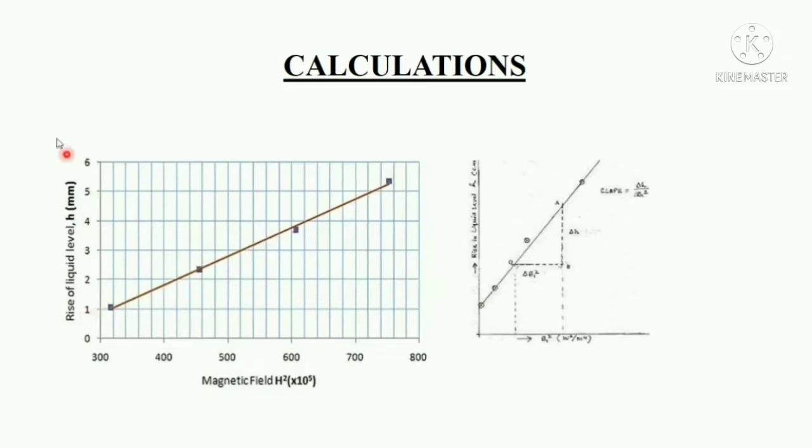This is the type of graph we will get when we plot the magnetic field square versus rise in liquid. This is the graph I have plotted for my actual readings which I have taken here. We will take the slope of the line, that is the H versus B square curve. The slope would be noted down.